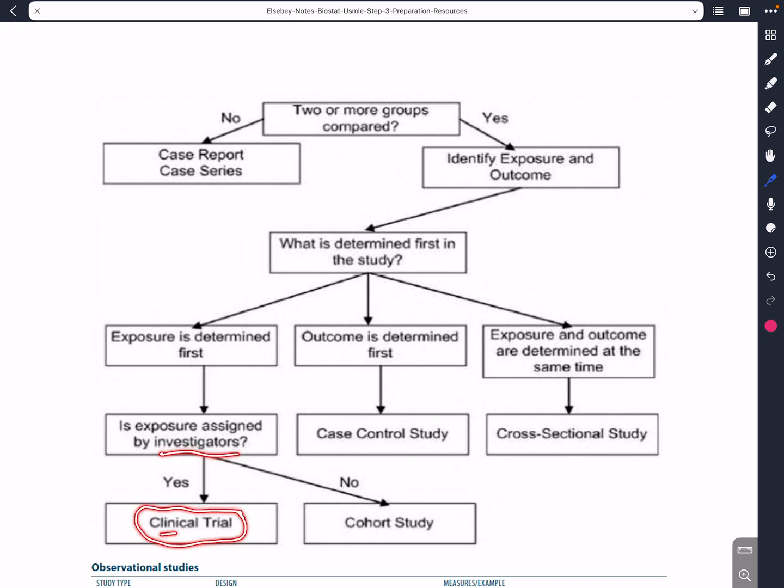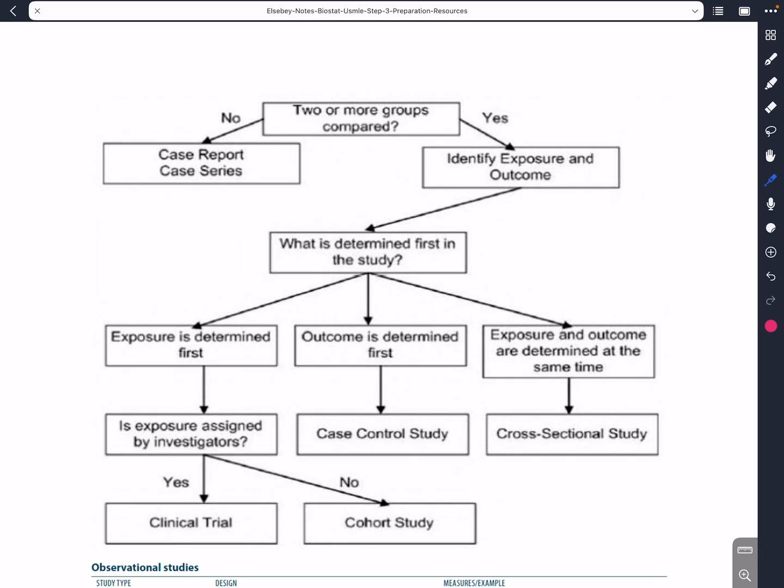So remember, clinical trial, which can be clinic based. Because clinical trial is in a small group of people, exposure is assigned by investigators, and you already know the exposure you're looking for, that is clinical trial.